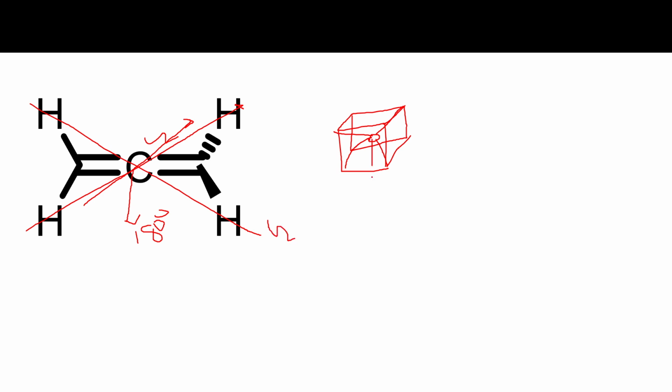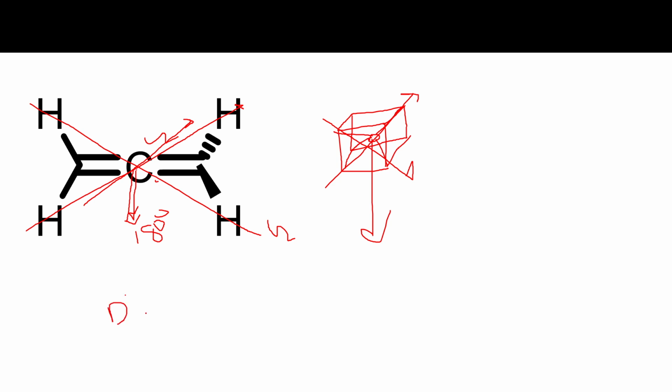Like one is throughout this carbon atom, and another this side one, and another this side one. So there will be multiple C2 present. If there are multiple C2 and one C2 is perpendicular to another C2, like this one is perpendicular to this one, so D will come.